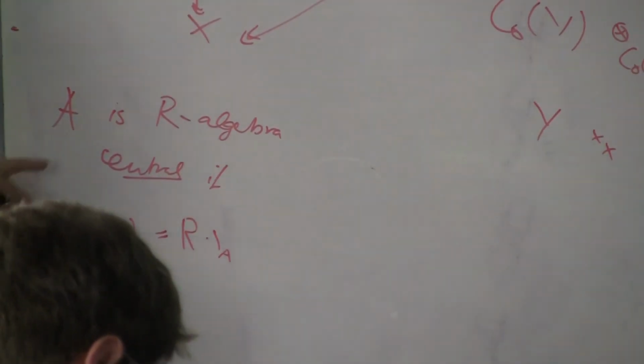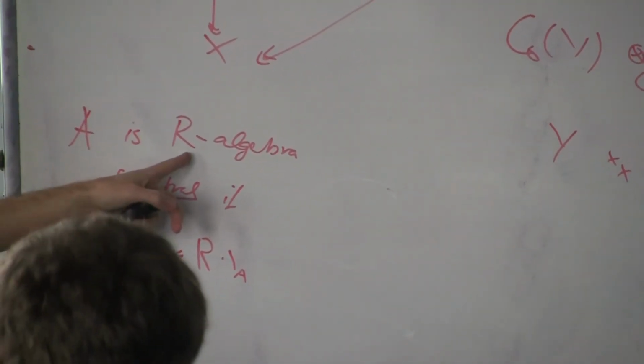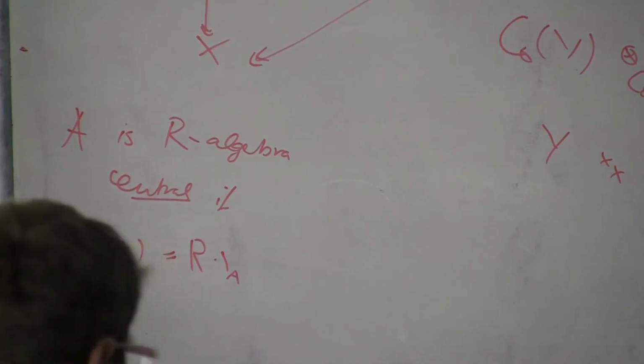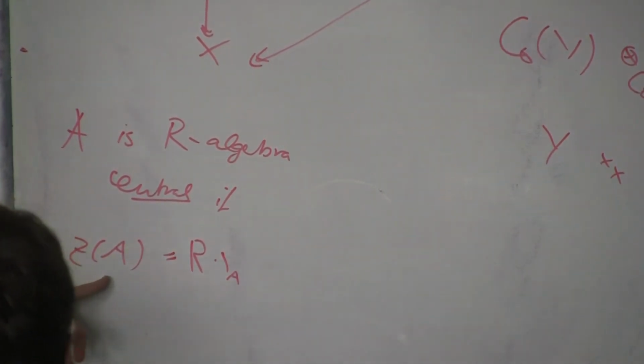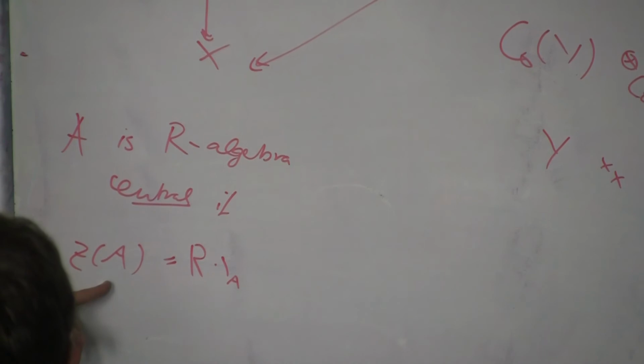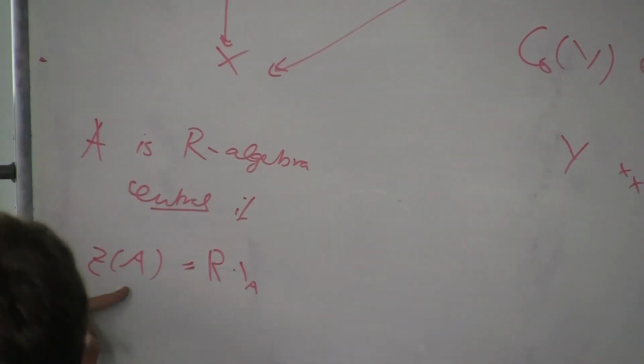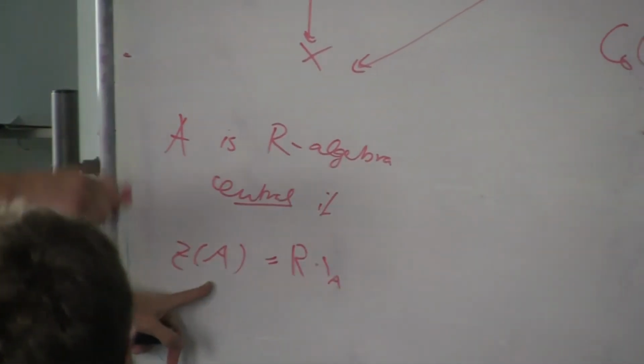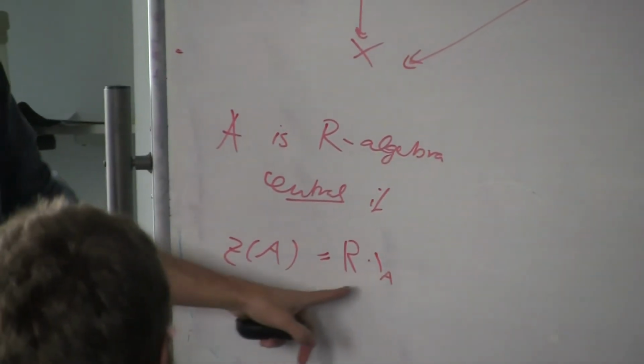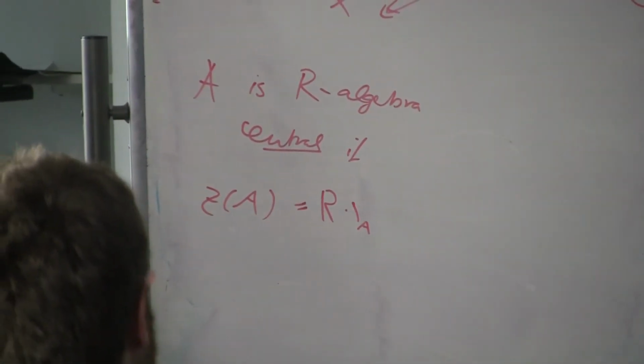If you think about n by n matrices, it's an algebra over complex numbers. What are the 2 by 2 matrices that commute with all other matrices? That's only the ones with the identity times some scalar. So that's an example of a central thing.